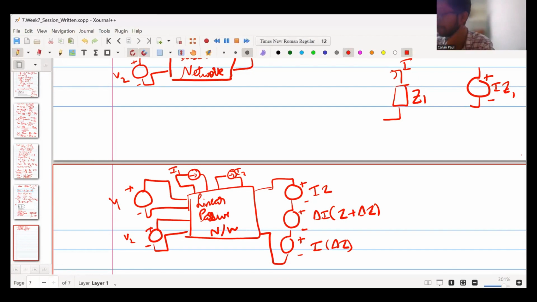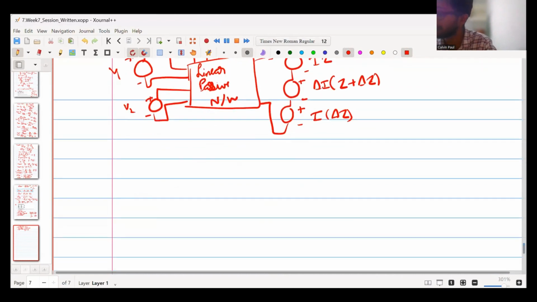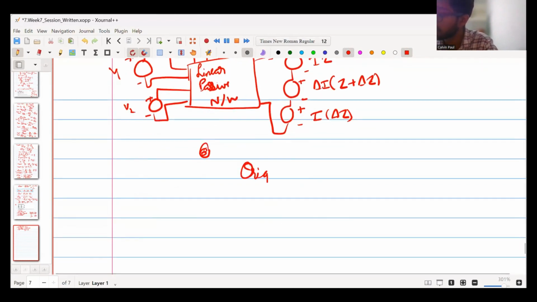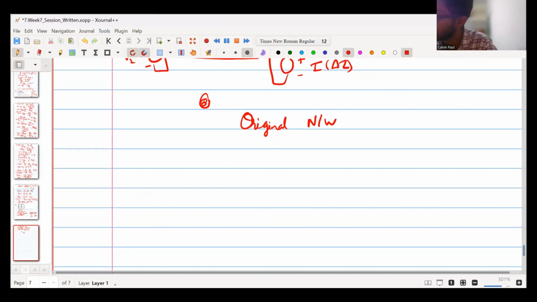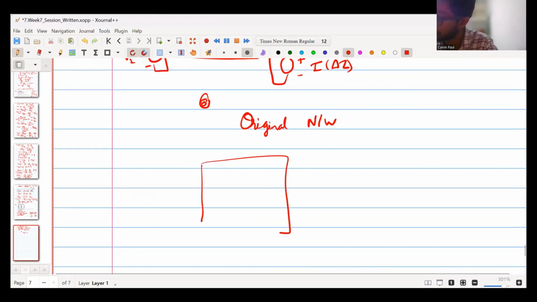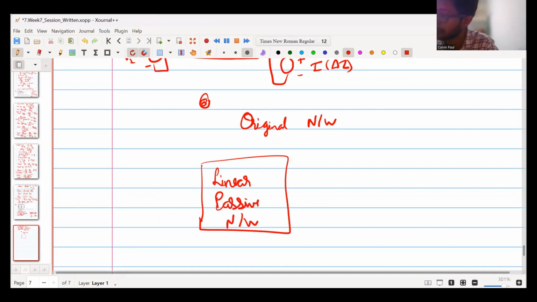So now, what is our original network? It is a linear passive network.